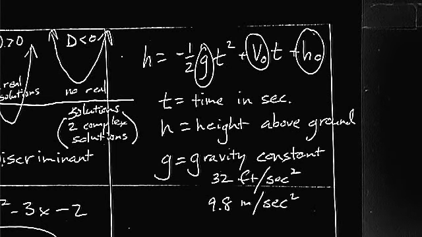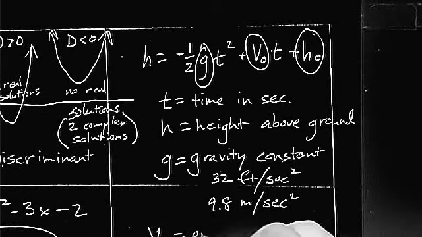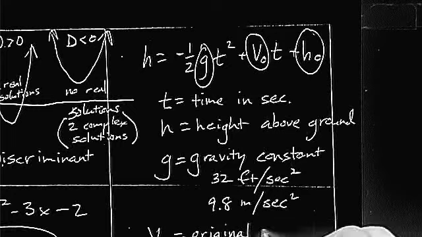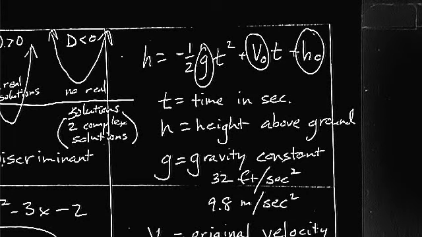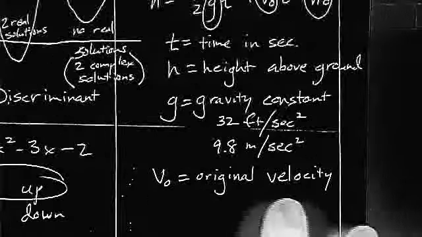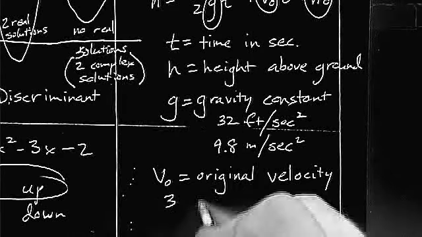Now, what was the other thing I was going to do? Oh, v sub 0. V sub 0 means original velocity. Now, I want you to ask me in class about the 3 different types of original velocity. I'm going to give you specific words that are going to tell you which type it is, okay?